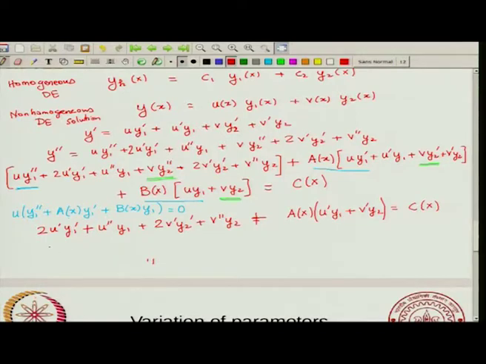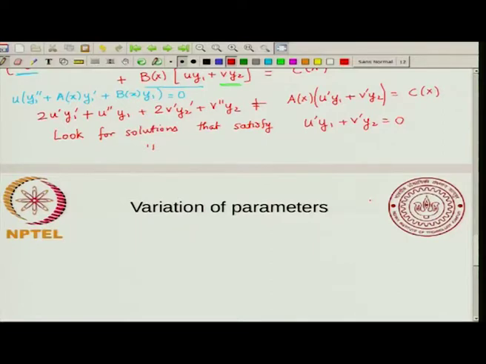We look for solutions that satisfy u prime y1 plus v prime y2 equal to 0, so the term that multiplies a will go to 0. We look for solutions that satisfy this identity, and what this gives you is the following two equations.